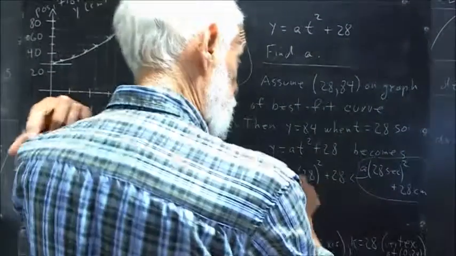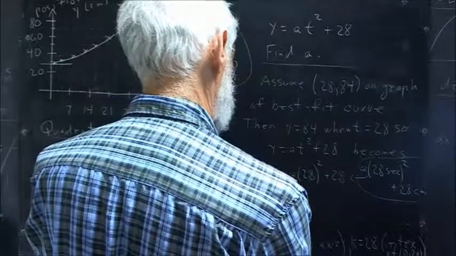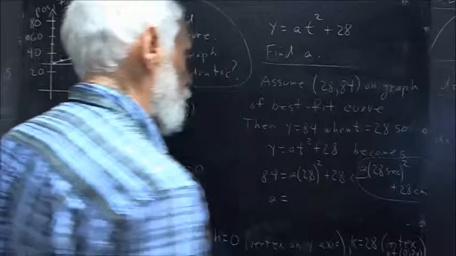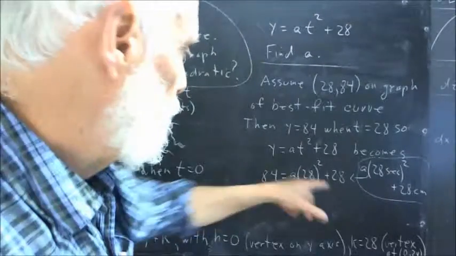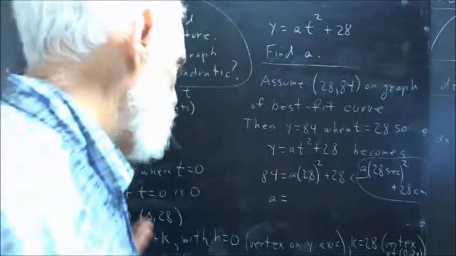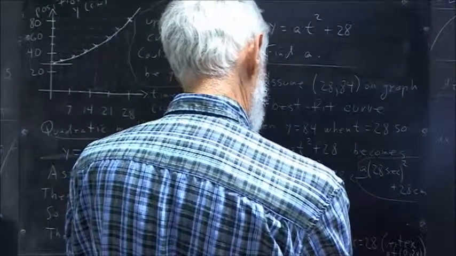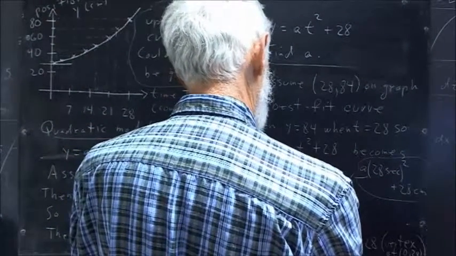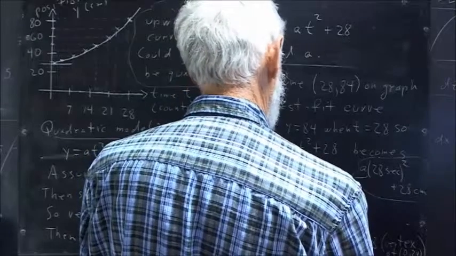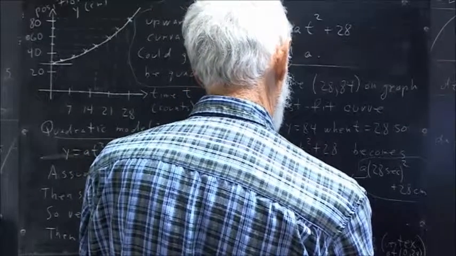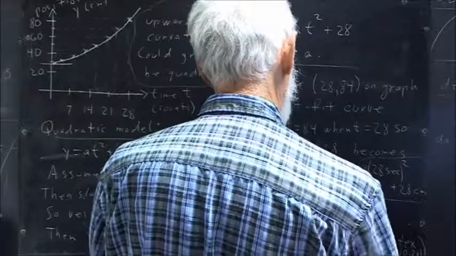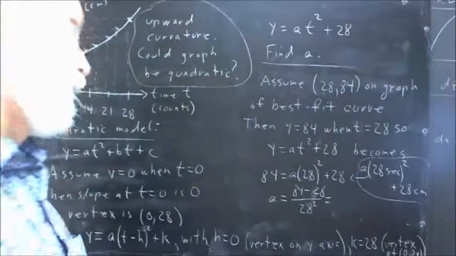Okay, so in any case, we solve this for a, and we get a equals what? Well, 84 minus 28 over 28 squared. And that's really convenient.